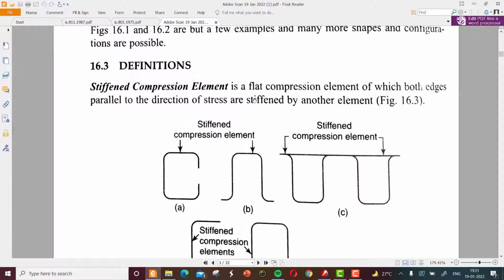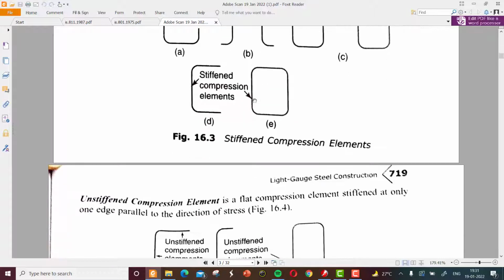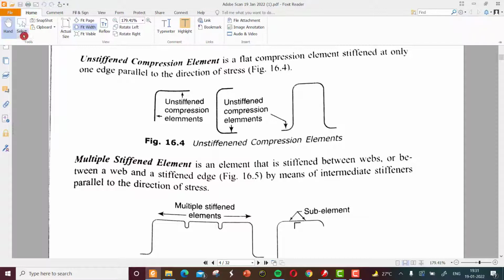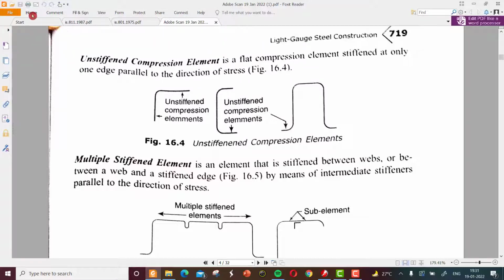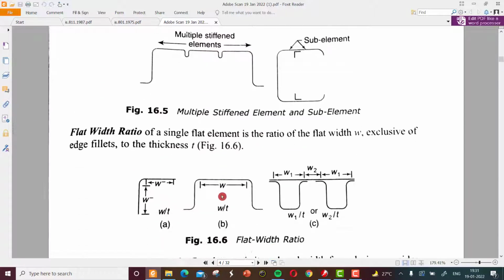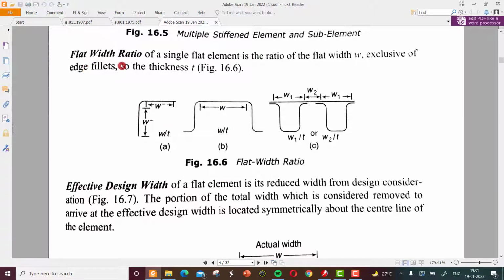The stiffened compression element, the unstiffened compression element, then the multiple stiffened element, the definition for flat width ratio. So again, this width to thickness ratio, flat width, excluding the corner.